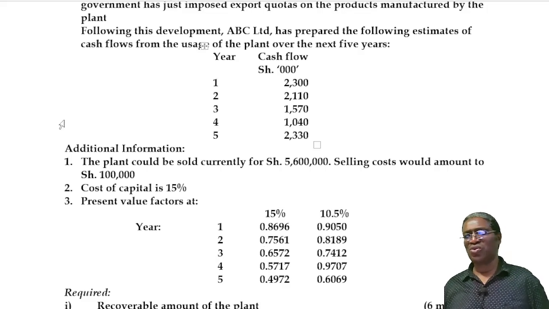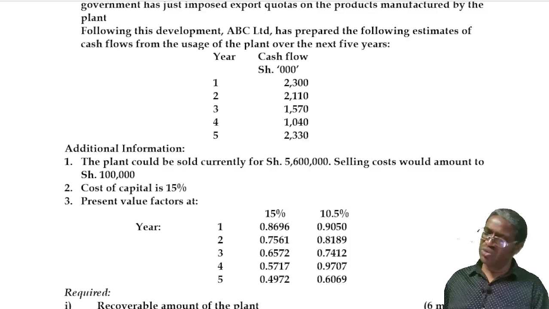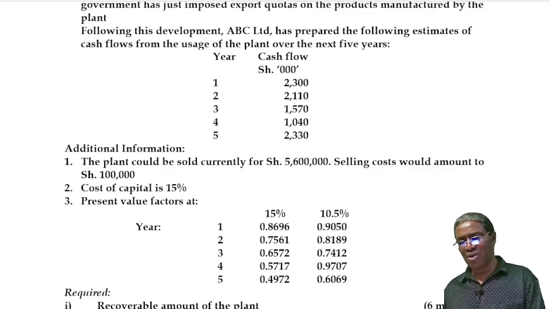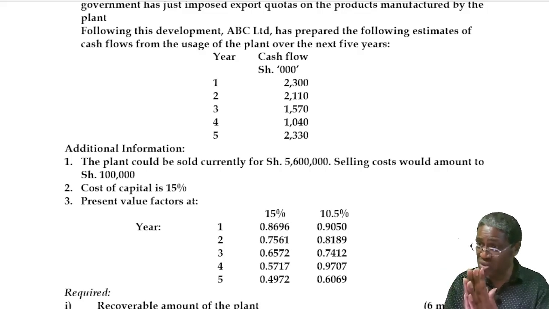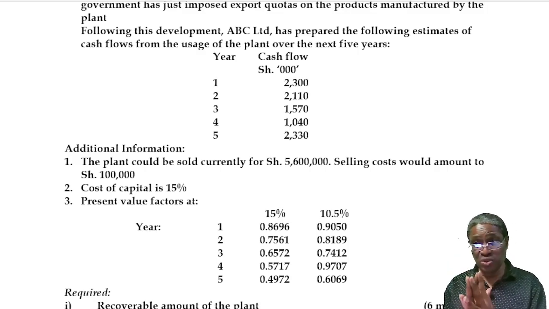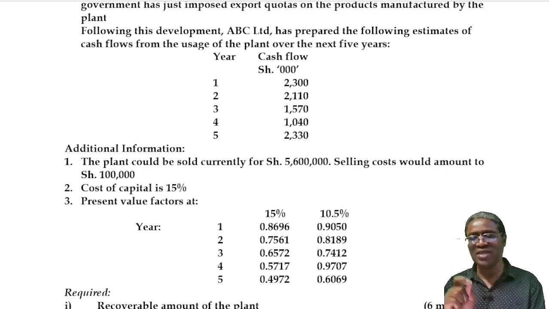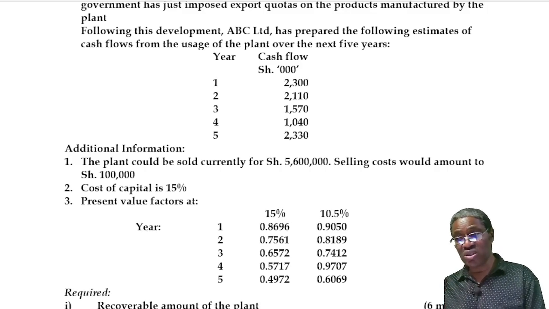Good. So we are told to compute recoverable amount. Of course, I've told you to get the recoverable amount of an asset, you compare two values. One, the net realizable value, and number two, value in use. The net realizable value is given by the selling price of the asset minus any cost to sell.